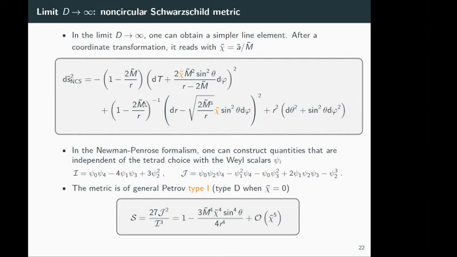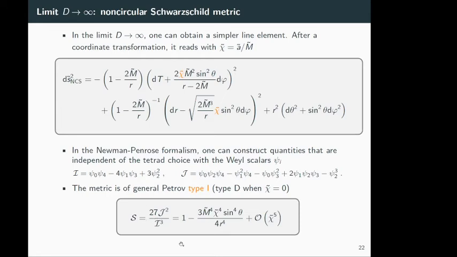And using this real tetrad, you build a complex tetrad, build the Weyl scalars, and you can build these combinations of Weyl scalars, I and J, which are actually also invariant under the rotation of a tetrad. And what you do with these I and J is you can calculate what's called the speciality index, which is just this ratio.